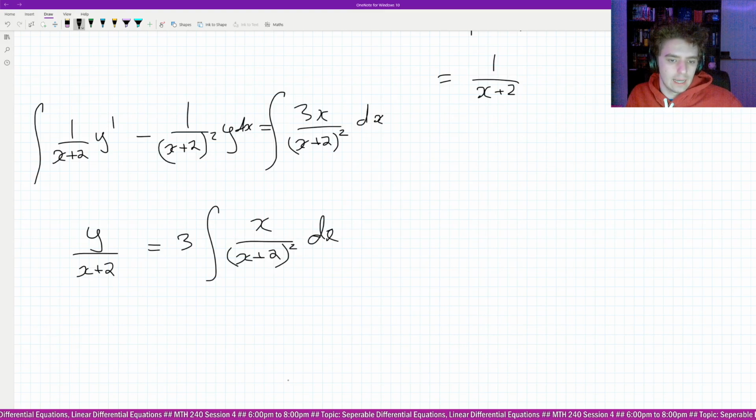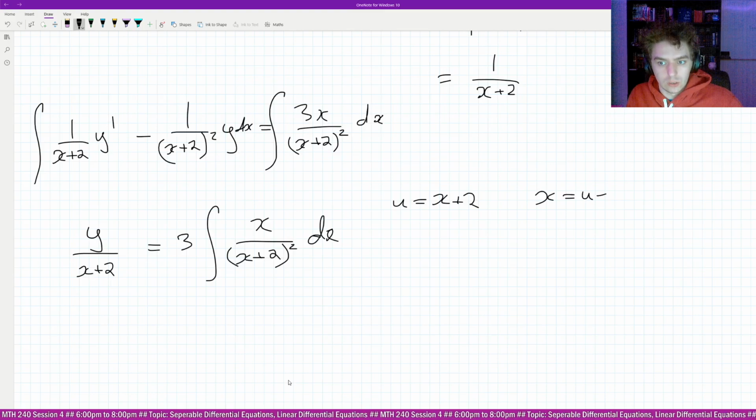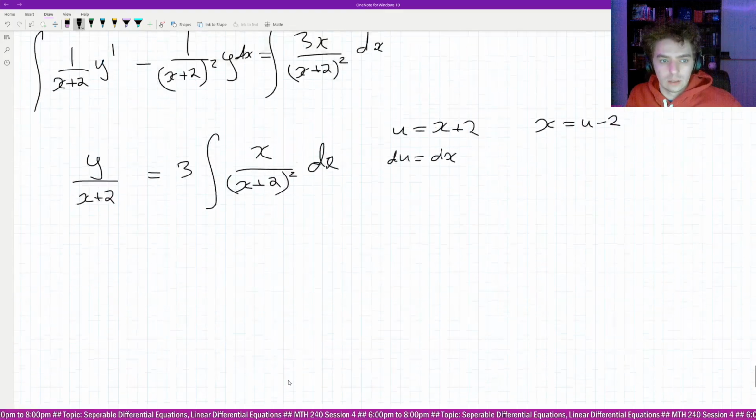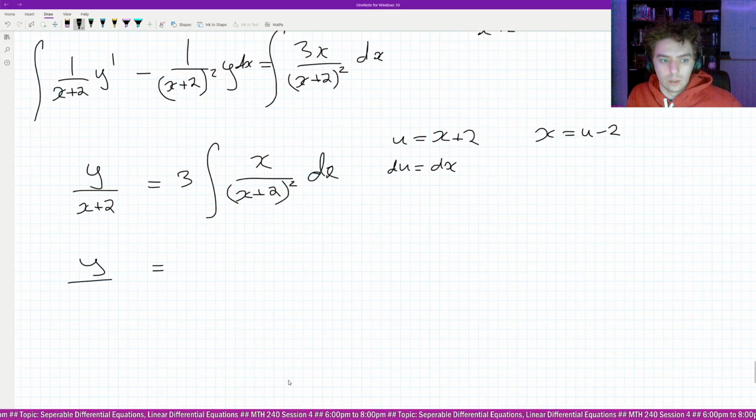Can I say u equals x plus 2, x equals u minus 2, du equals dx? So this would be y over x plus 2, 3 times the integral of u minus 2 over u squared du. Yes, I can say this.